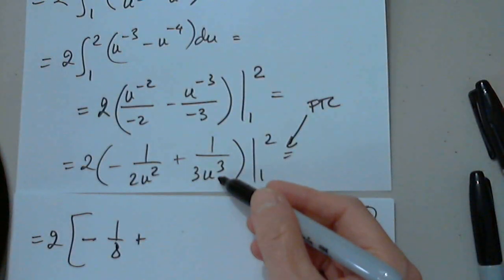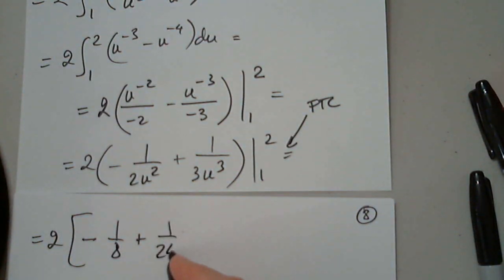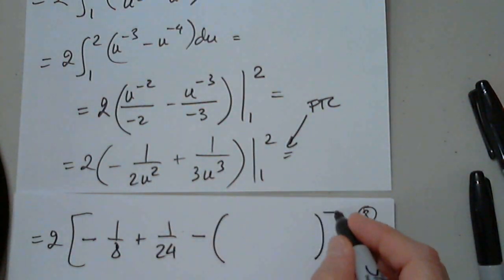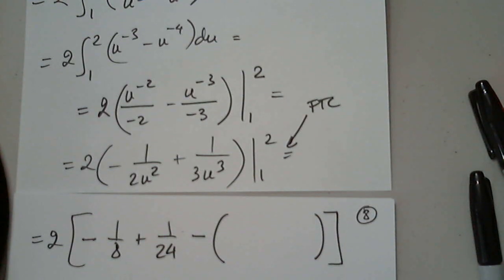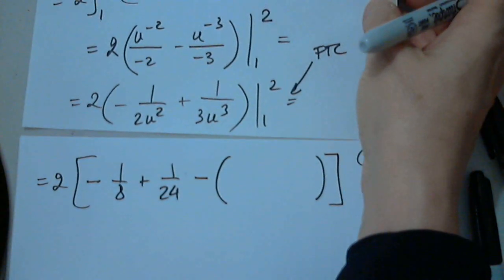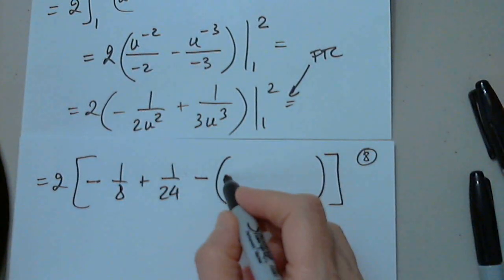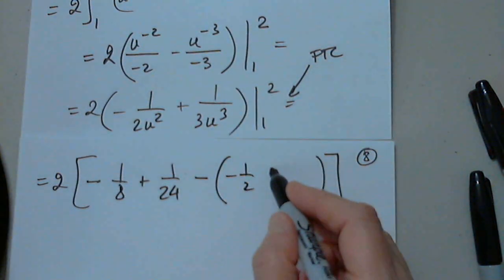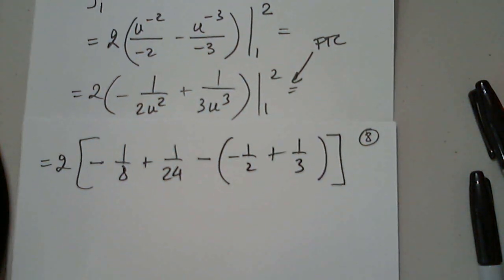Plus, so this is 8 times 3, 24. But now minus, be careful for both of them. It's better to put parentheses so you don't forget to distribute the negative sign. So when I plug in 1, I have negative 1/2. When I plug in 1, I have positive 1/3.